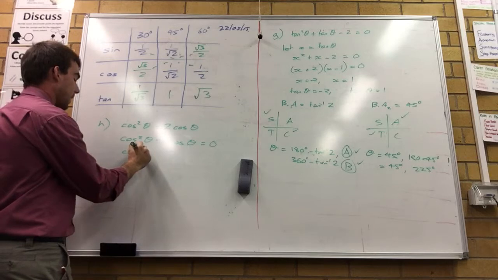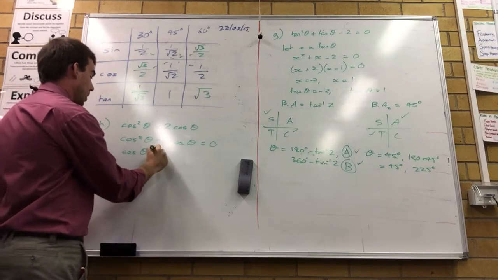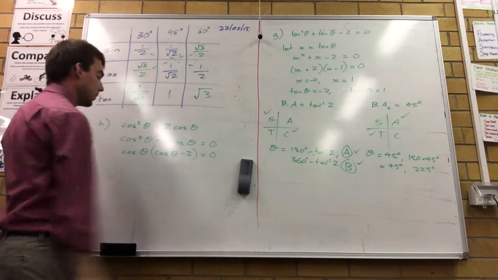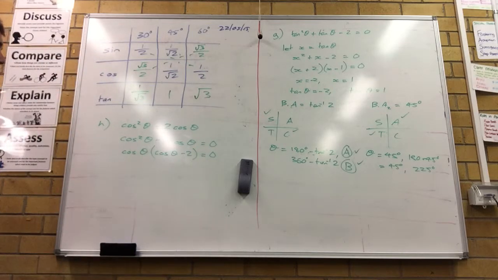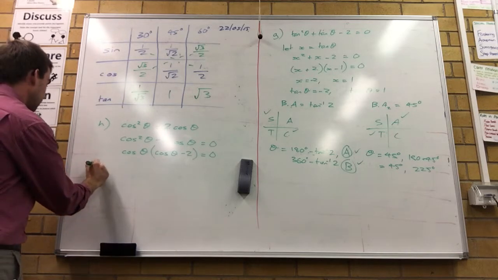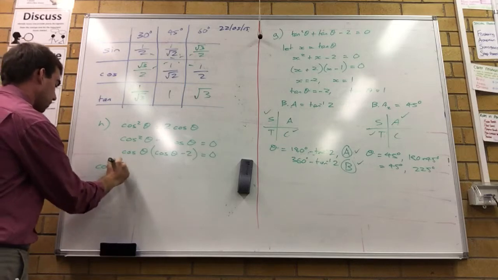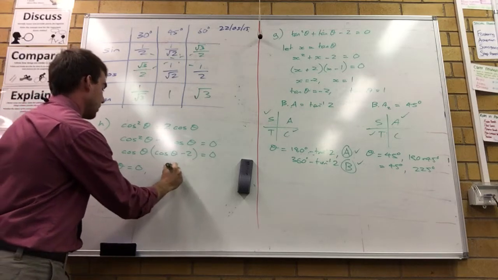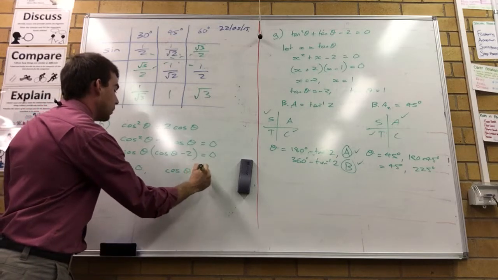Now we're going to factorise, so cos theta times cos of theta, take away 2, equals 0. So factorise the cos theta out of both those terms. So we have cos of theta equals 0, and we also have cos of theta equals 2.